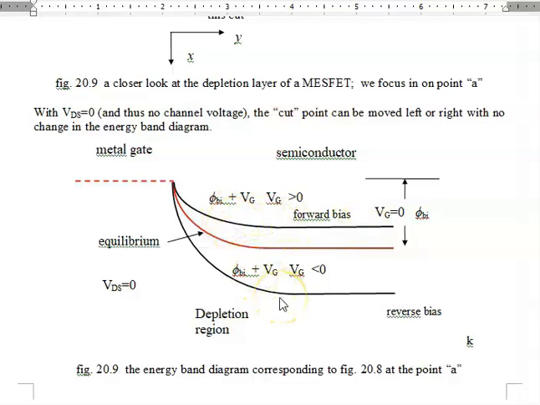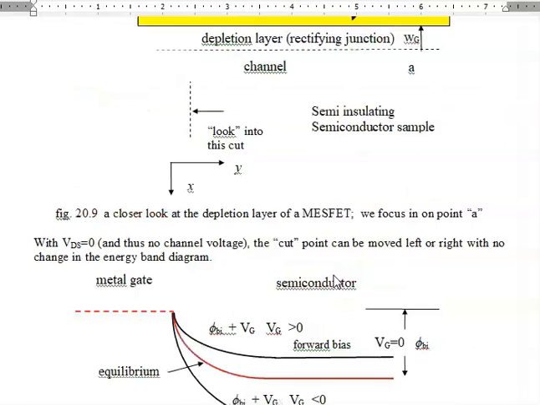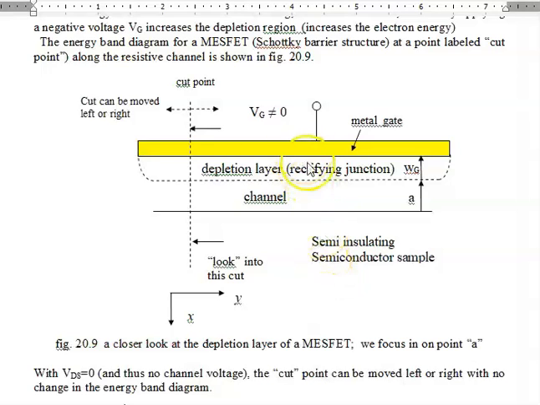Reverse bias, the bands bend more, and the depletion region widens. This is for VG positive, and for VG negative, we have reverse bias. And the easy way to remember that is, for negative bias on the gate, I am pushing away mobile electrons, leaving the positive fixed ions in the depletion region.